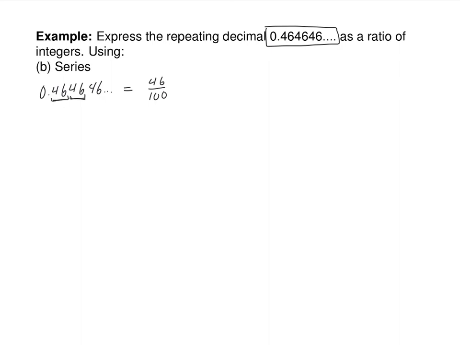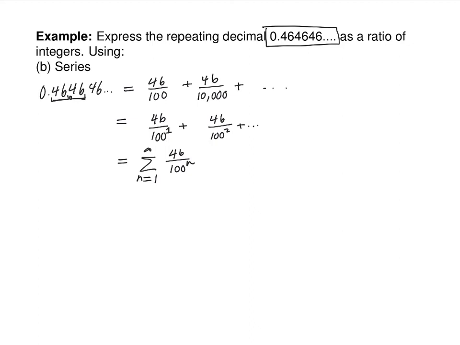The next two places are 46 in the 10,000th place, etc. So you can think about this as 46 over 100 to the first, 46 over 100 to the second, etc. So that's the same thing as the sum from n equals 1 to infinity of 46 over 100 to the n.